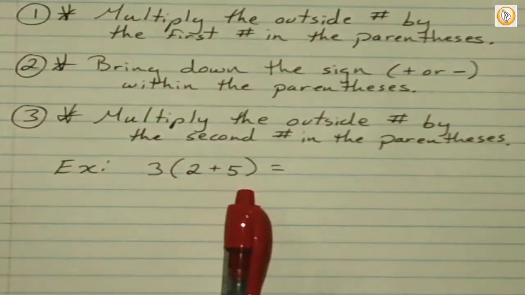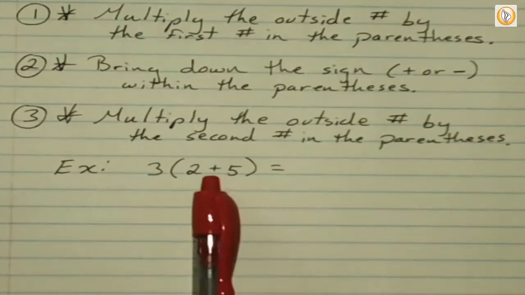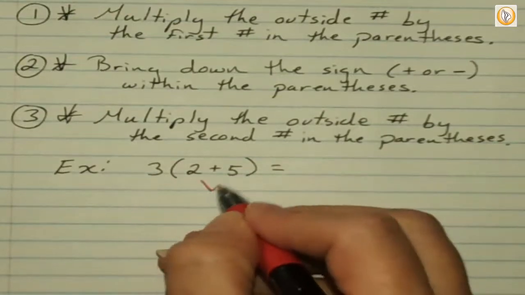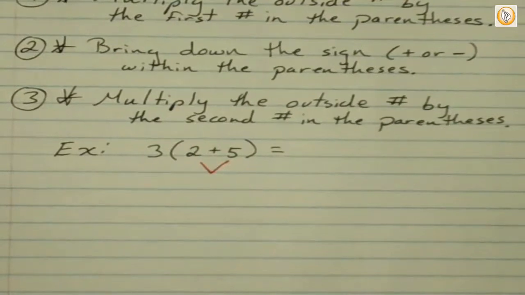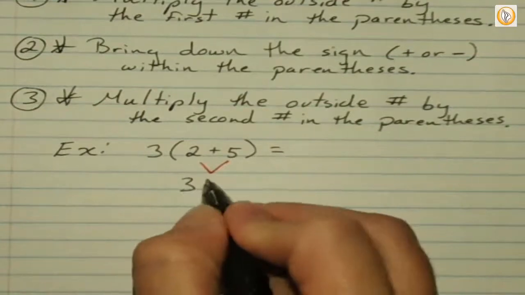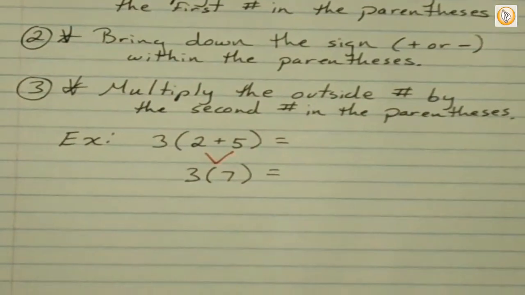Yes. So order of operations, we work in the parentheses first. What do you get? 7, but you have to keep the 7 in the parentheses. Which is 21.